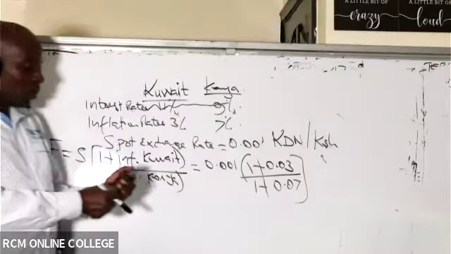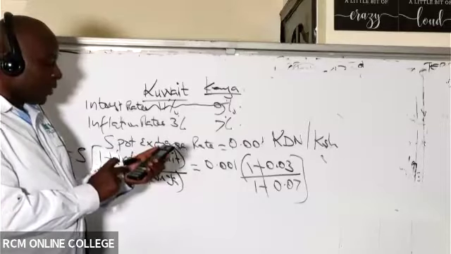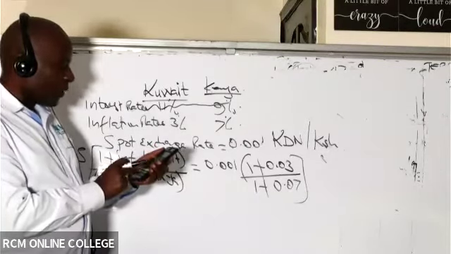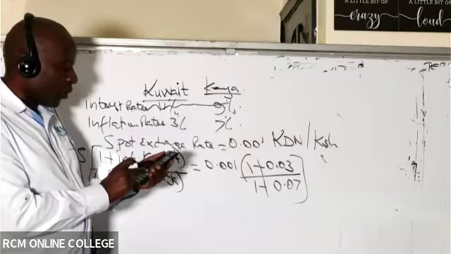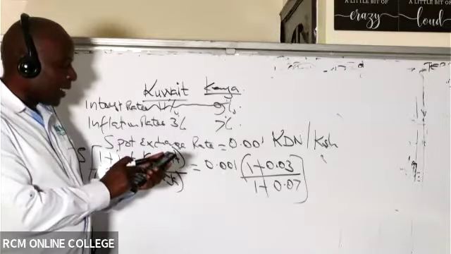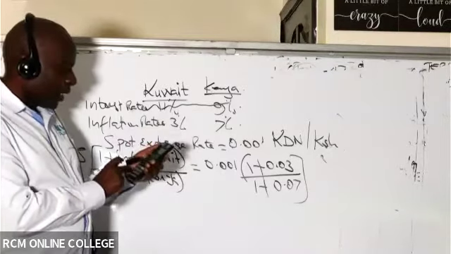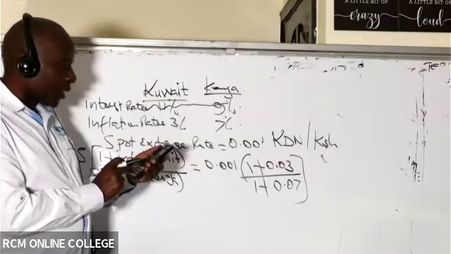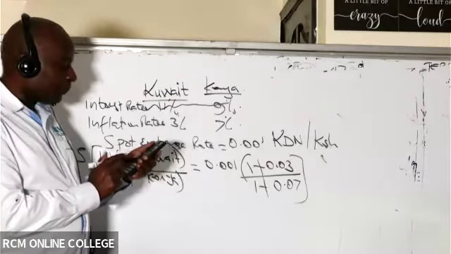So then you come here with your calculator, you say 0.01 times, into bracket 1 plus 0.03, you close, you divide this by 1 plus 0.07, you close, you say equals. So you say like that.